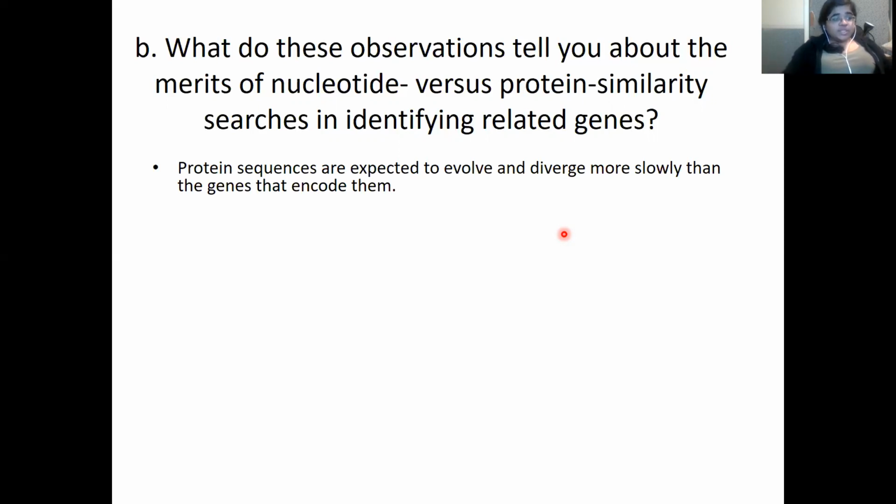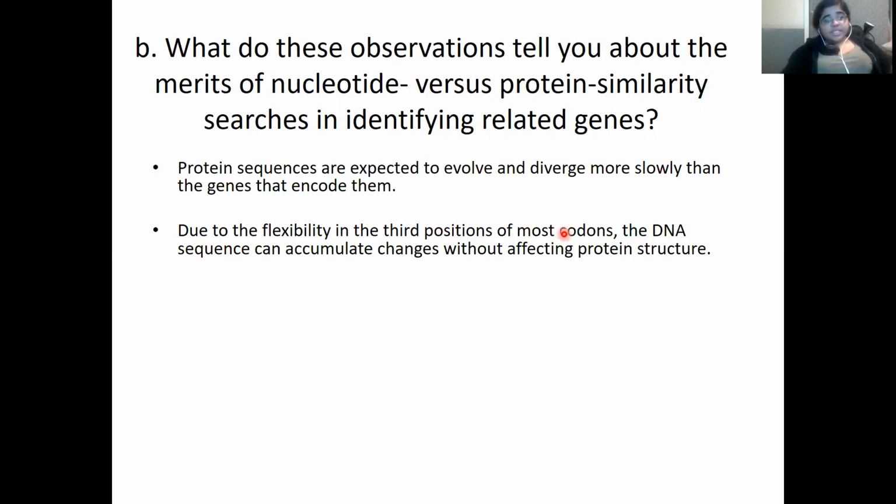So protein sequences are expected to evolve and diverge more slowly than the genes themselves, because of the flexibility of the third positions of most codons. Remember how in some of the codons that we looked at in the genetic codon table, we saw that some of them with the third position different had the exact same amino acid coded for, right?